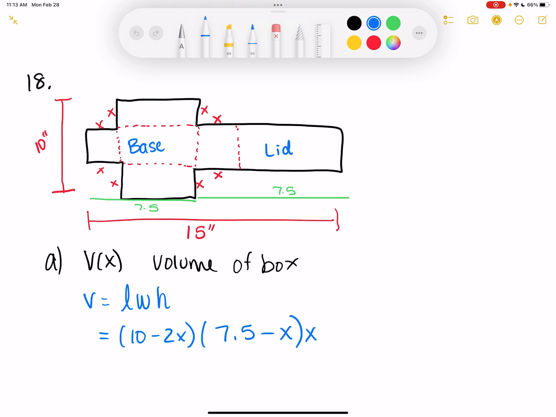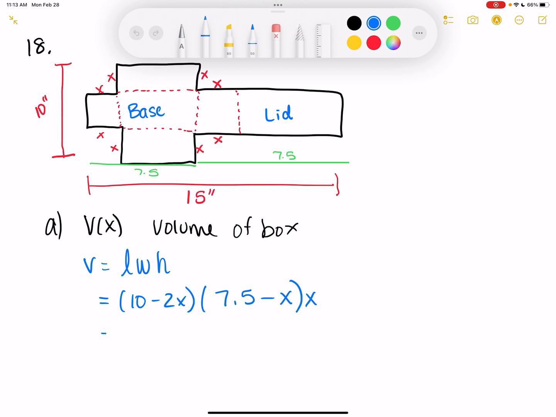So I need to FOIL this. If I do that, I'll have x times, let's see, 75 minus 10x minus 15x minus 2 plus 2x squared. And then I can simplify that middle.